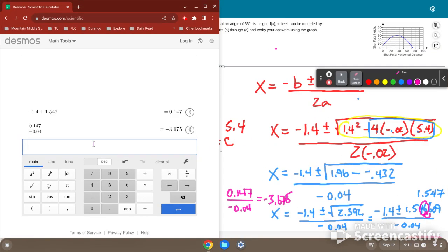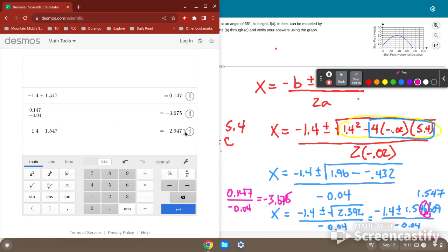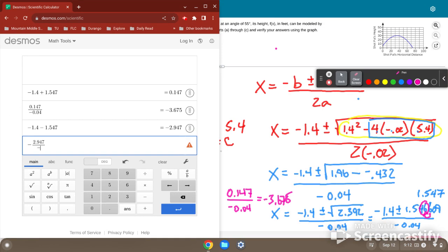Now I'm going to do negative 1.4 minus my 1.547. So I get that. Then I'm going to take my negative 2.947 and divide that by my negative 0.04.